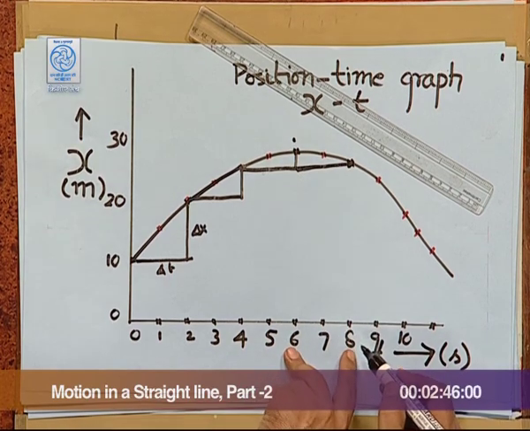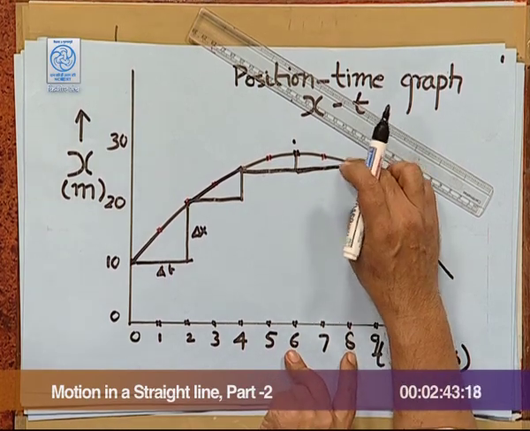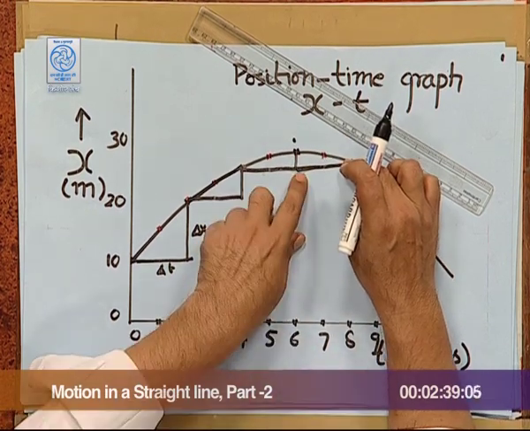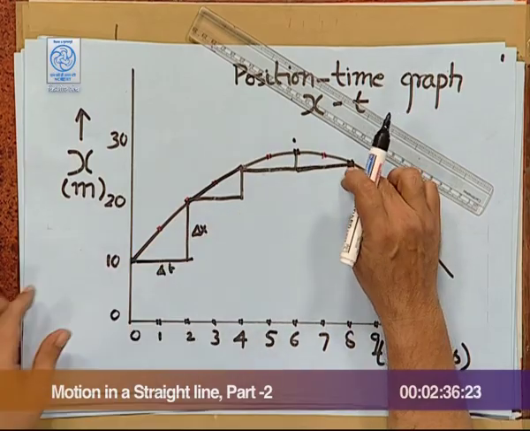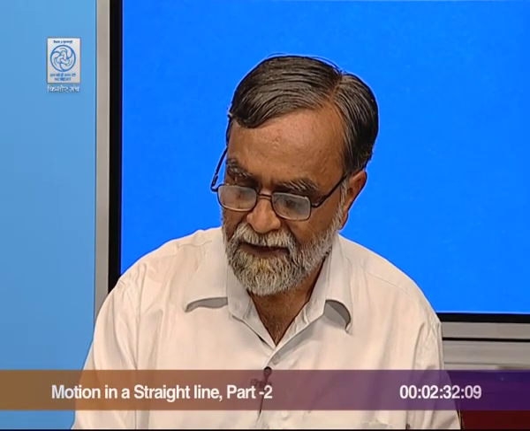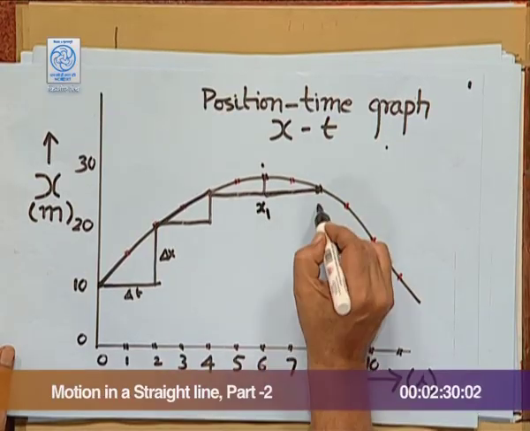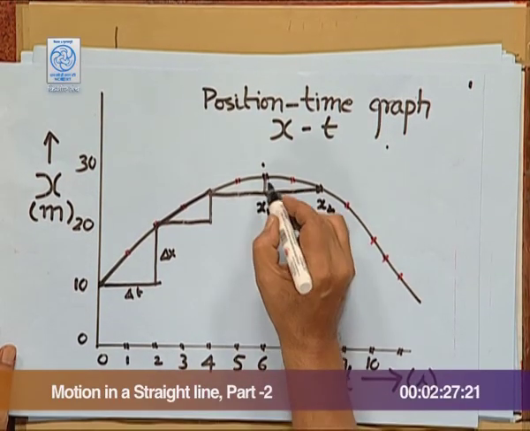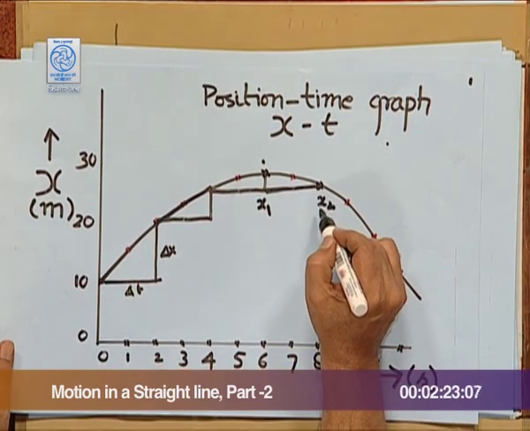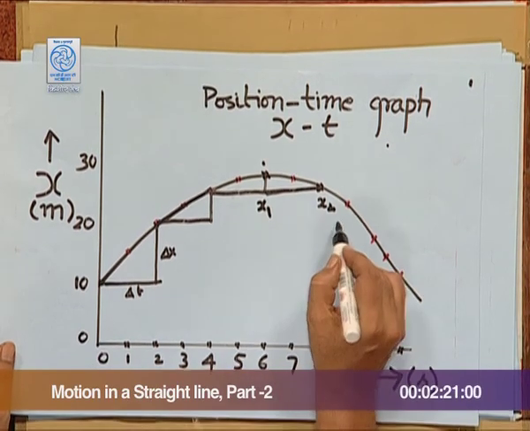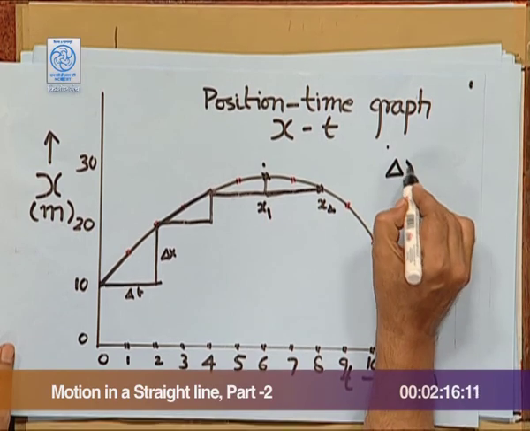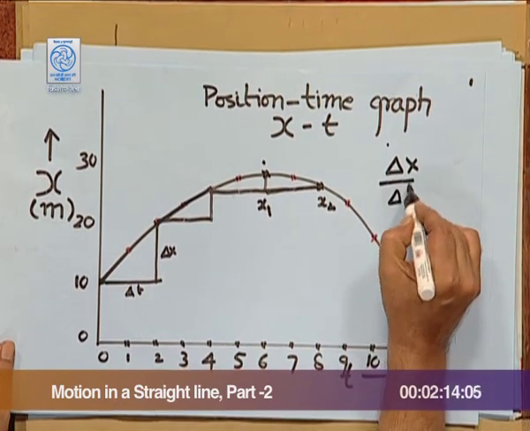At time t equal to 8 seconds, the position has decreased. Its position has come down from a certain level, which is 28, to 26 or so. In that case, this was x1, this is x2, and x1 is greater than x2. As time goes on increasing, the position goes on decreasing. In that case, delta x by delta t happens to be negative.